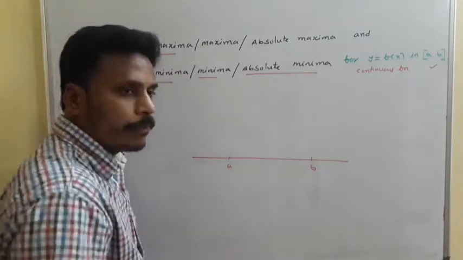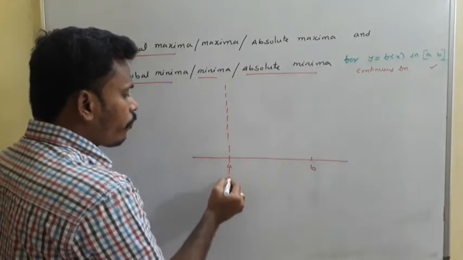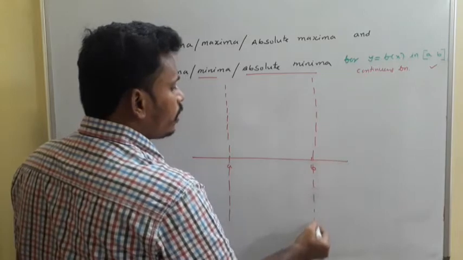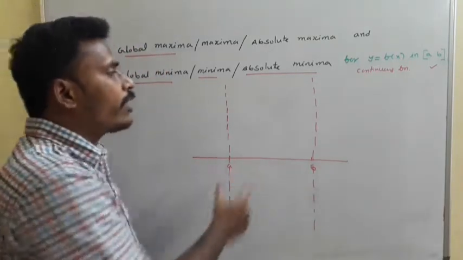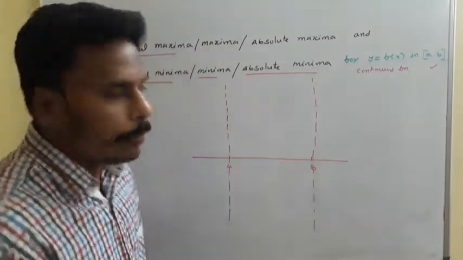We need to analyze the nature of the graph, or behavior of the function y equals f of x in this interval ab, and find out global maxima and global minima.